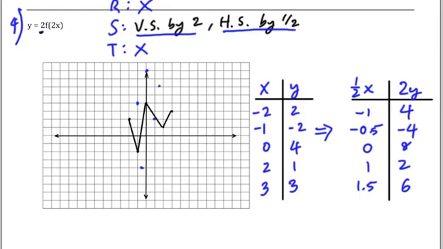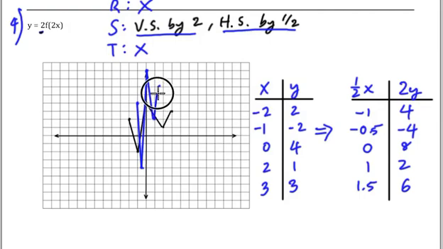So let me just connect these dots. So I have that one there, which goes to here. And then I have this one here, which goes to there. And then I have this one here, which goes to about there.